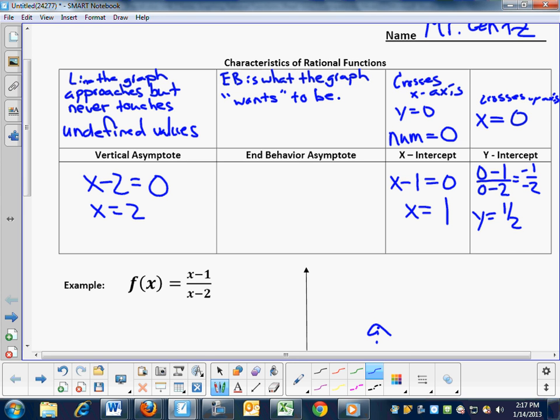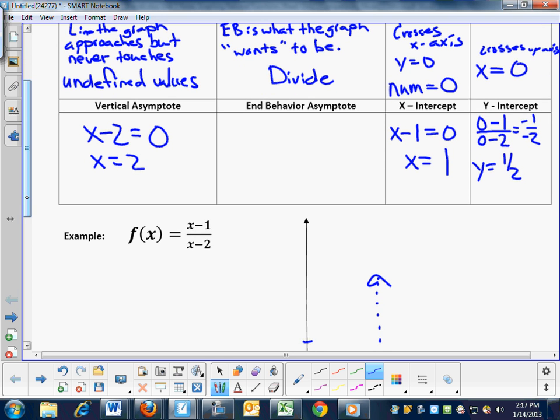But something crazy happens when it gets around the undefined values, and we'll talk about that. So it's what it wants to be. And the way that we figure it out is we just divide. So in order to figure out my end behavior asymptote, what it wants to look like, what I do is I take the top function and divide it by the bottom.